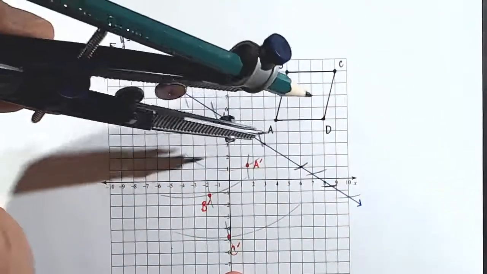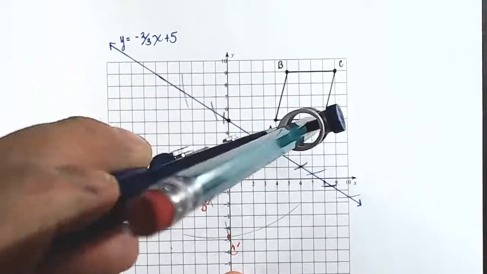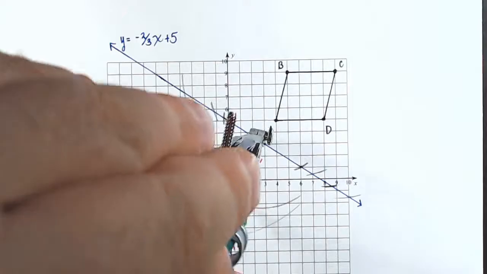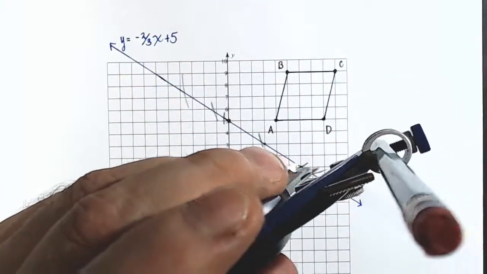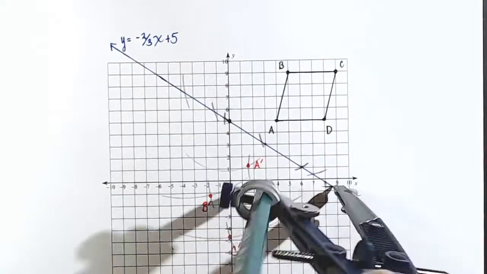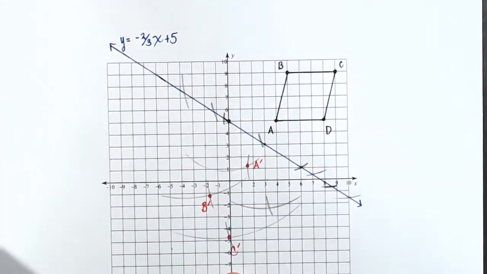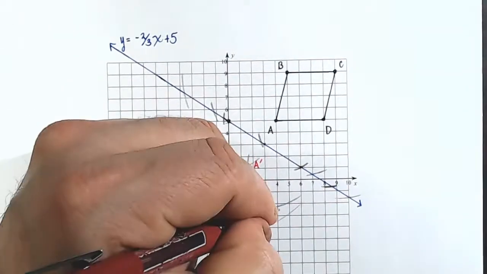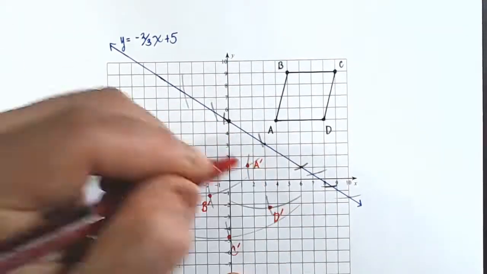Okay, and now I will swing an arc through each of these points to find where they intersect. Okay, it intersects right there. So I'm finding point D prime here.